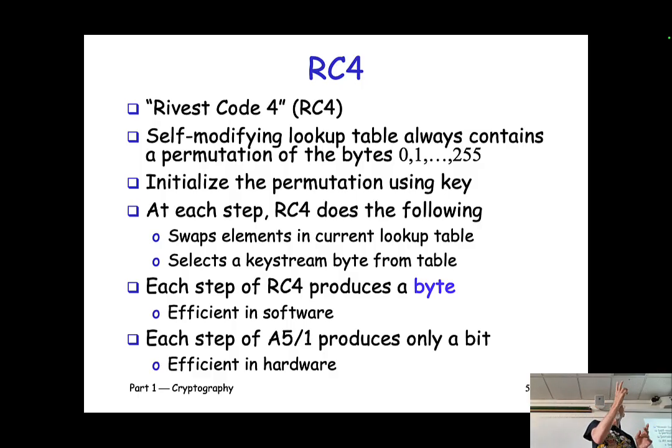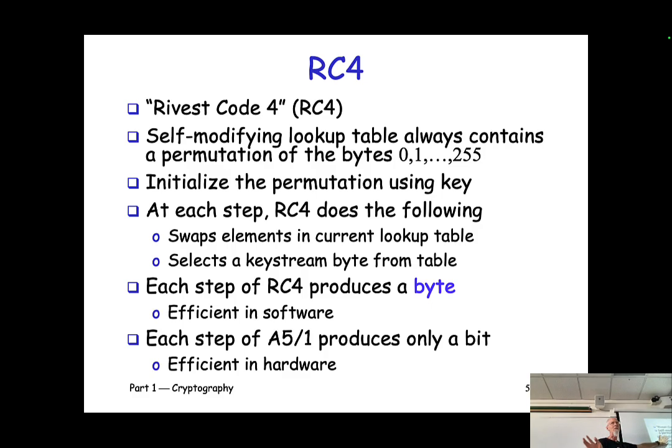So anytime we swap elements in a permutation, we still have a permutation. So by just using swaps in this cipher, we never lose that permutation property. All right, so that's kind of the key observation here. Now, a couple of nice things about RC4 are that it's designed to be written in software.